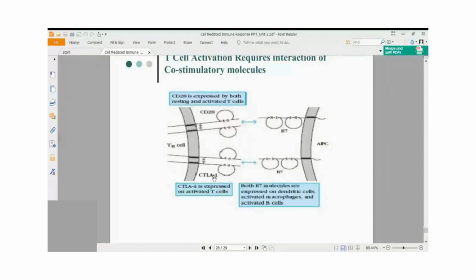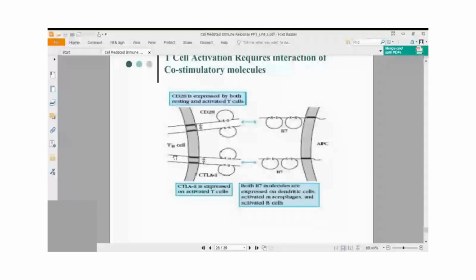which establishes contact with the CTLA-4, which is in fact made up of the suppressive signal.